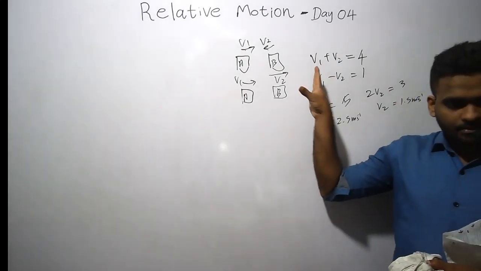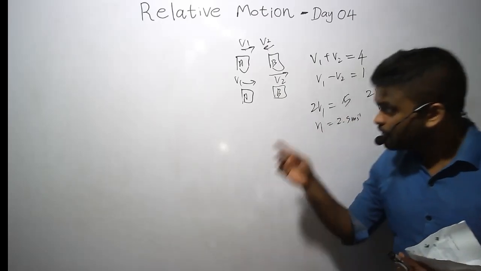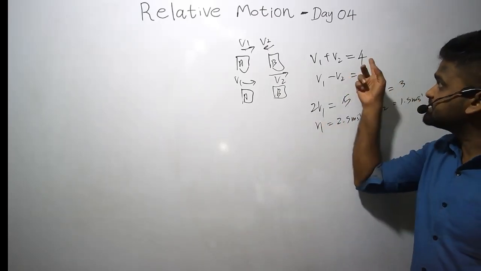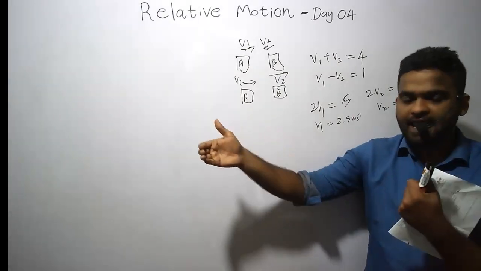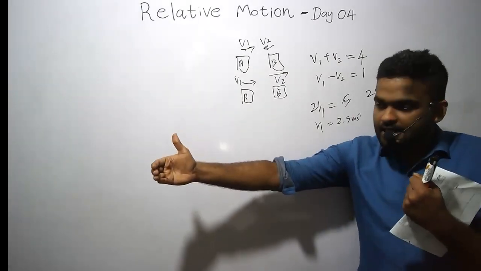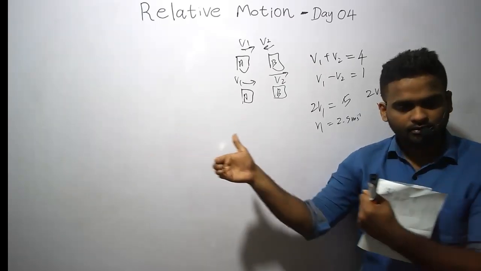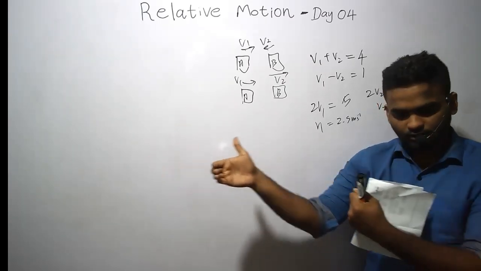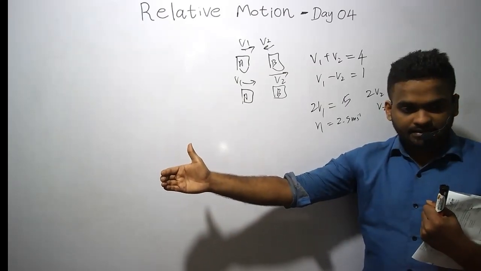So in this type of questions, what do we have to understand? When they say the gap is decreasing at 4 meters per second, it means every second their gap has decreased by 4 meters, since they are closing towards each other.